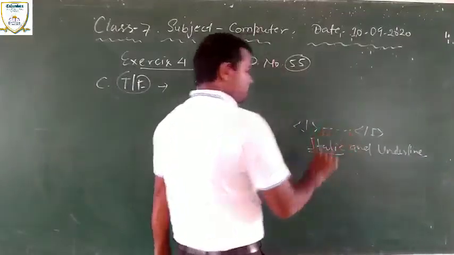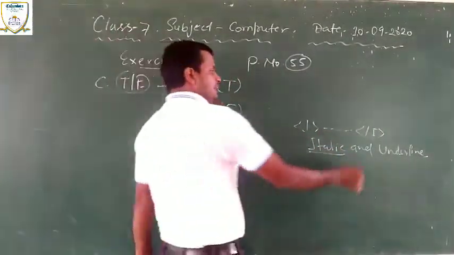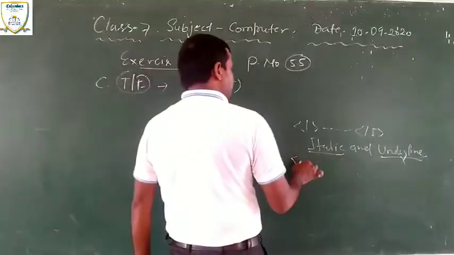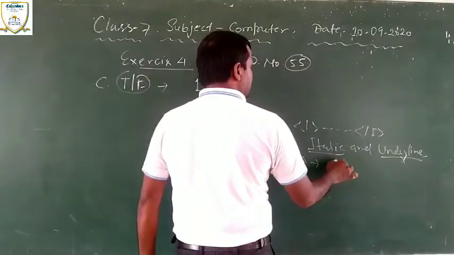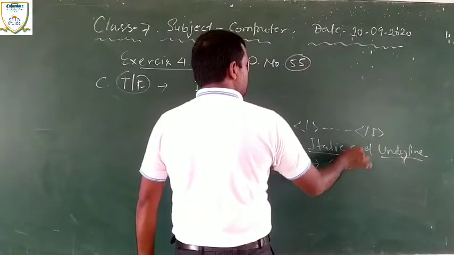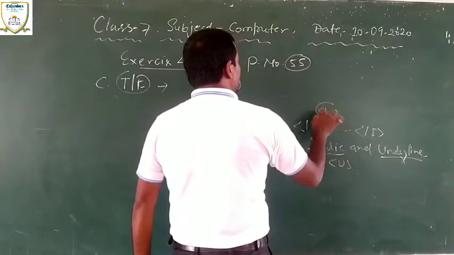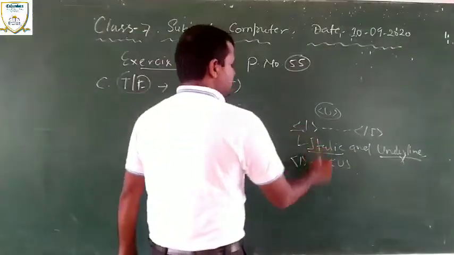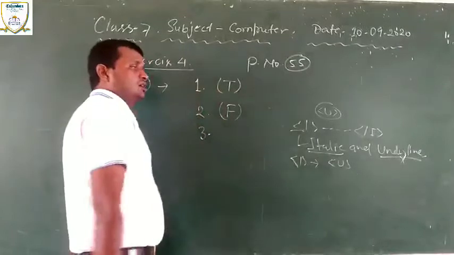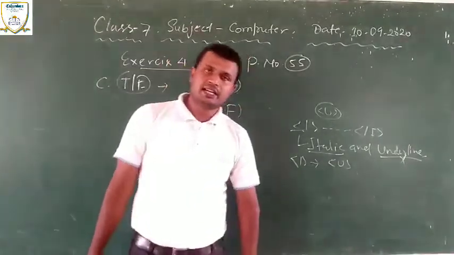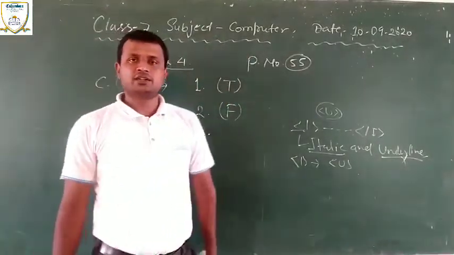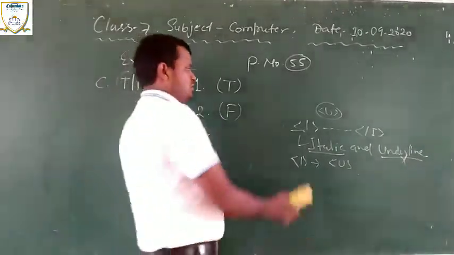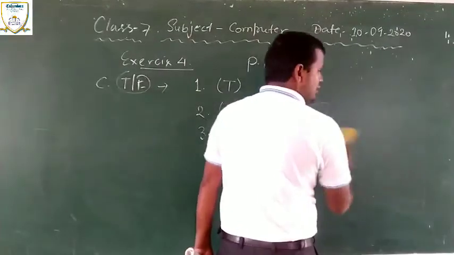I agree with italic, but I don't agree with underline, because we know I is used for italic and U is used for underline. Here there is no U tag, so underline is not possible. One part of the statement is correct but the other is incorrect, so the whole statement is incorrect. This answer is false.